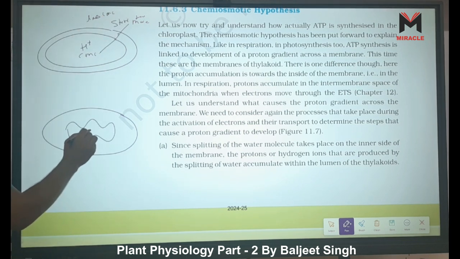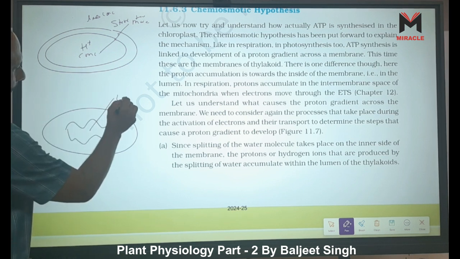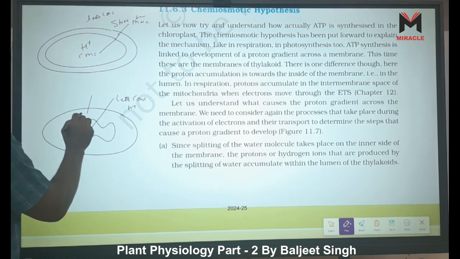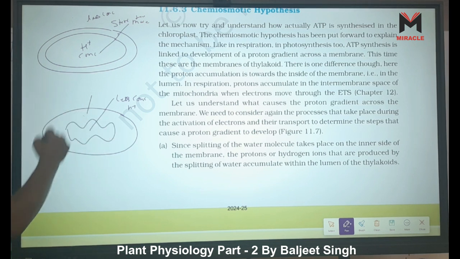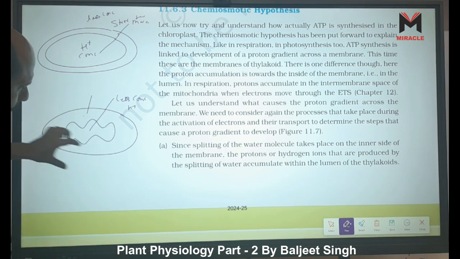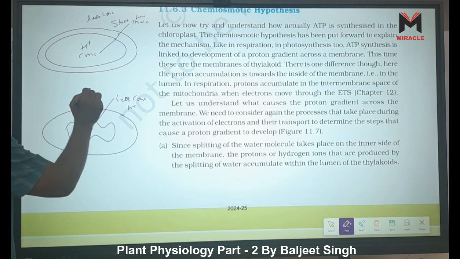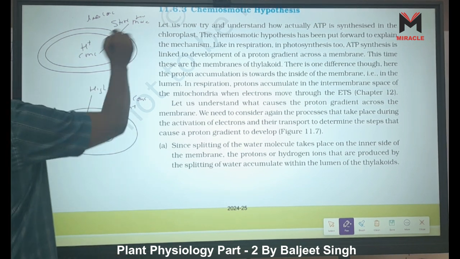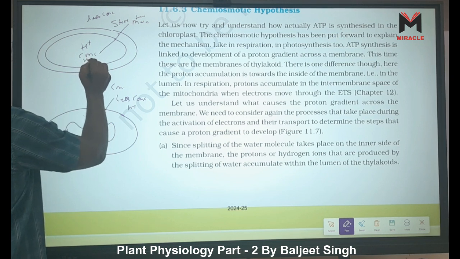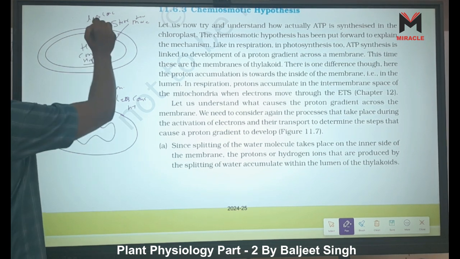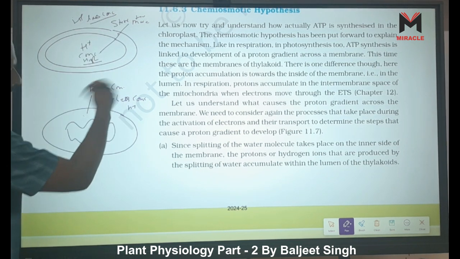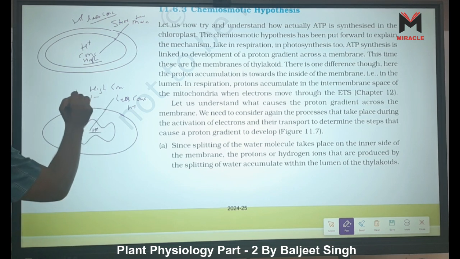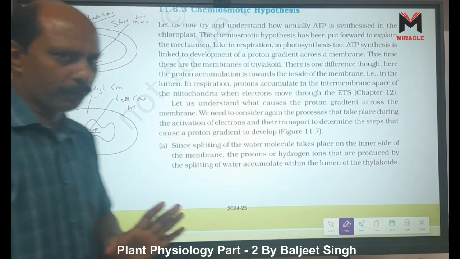And here, on this side, there is less concentration of H plus ion, and in between, which can be the perimitochondrial space, it is high concentration, right? This side high concentration, and just opposite to this, if there is less concentration on one side, the other side has high concentration of H plus ion. That is the difference.